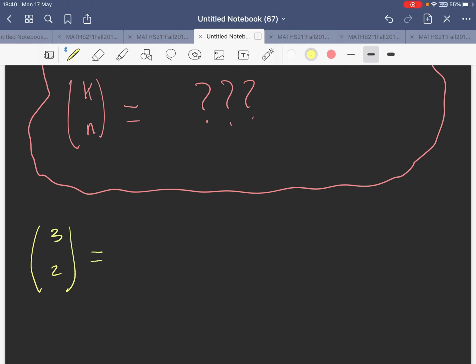How do you find it if it's a 3 and 2? All you need to do is, first of all, put 2 factorial here. Now you have to start with 3, and then you subtract 1 out of 3, so it will be 3 times 2, and then you stop. Why do you stop?